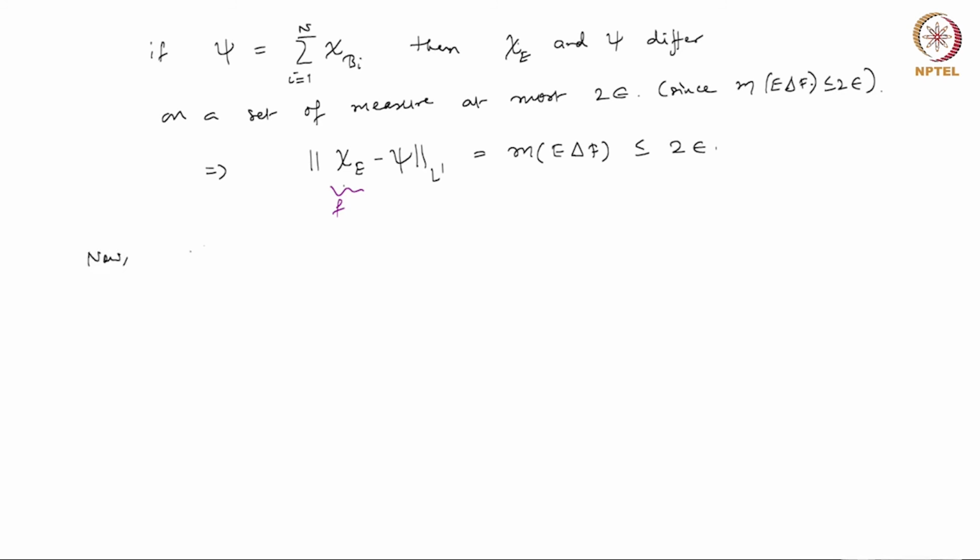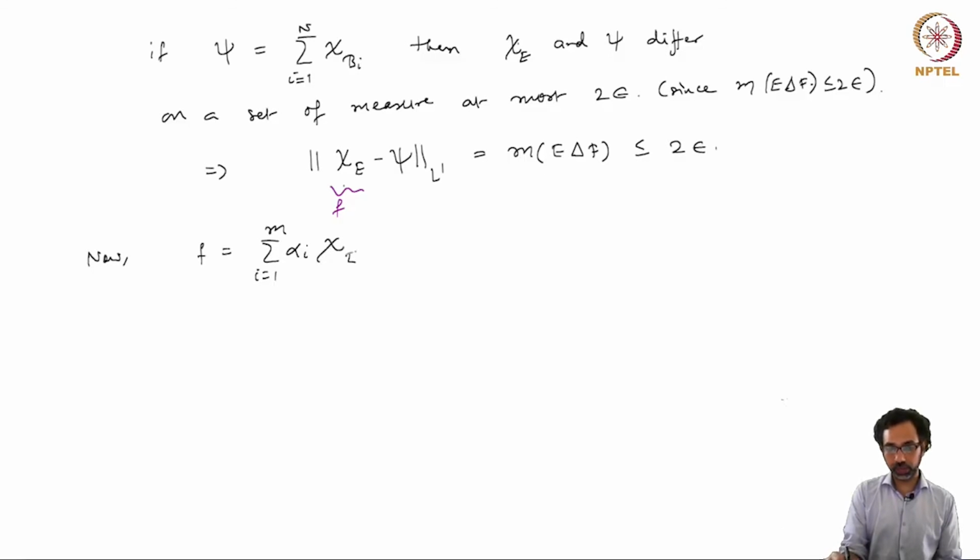Now we consider a more general L1 simple function of the form f equals the sum from i equal to 1 to m of alpha i chi of Ei.